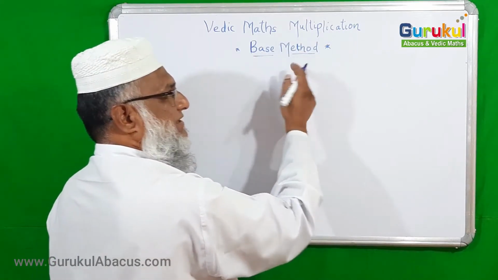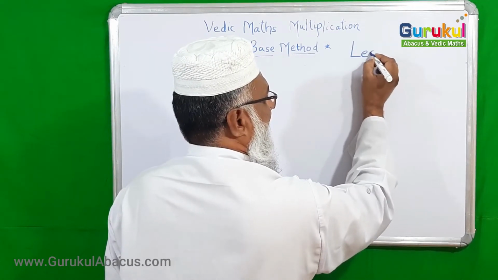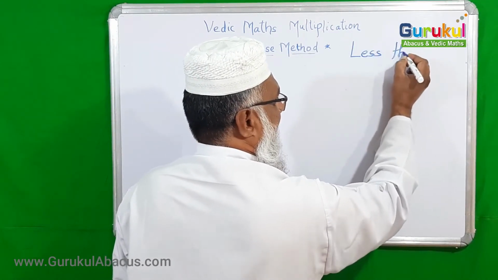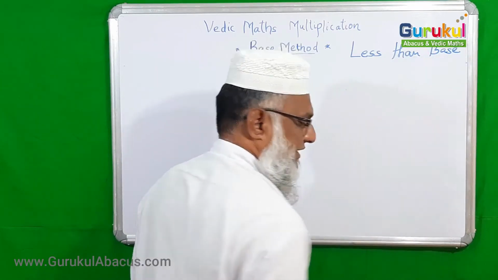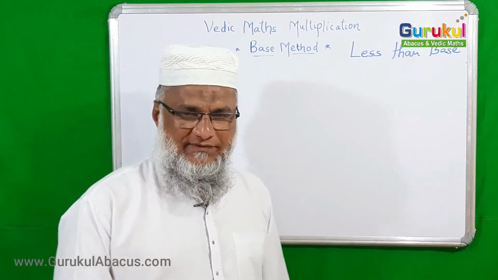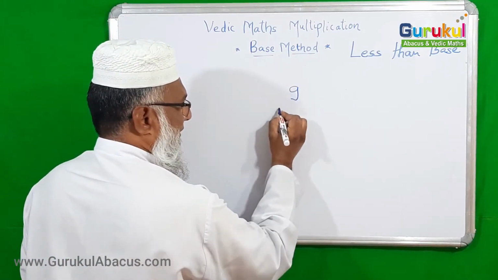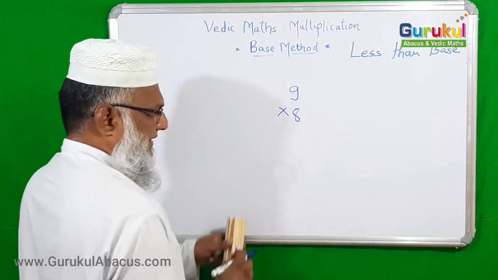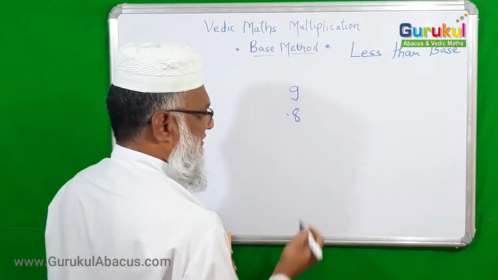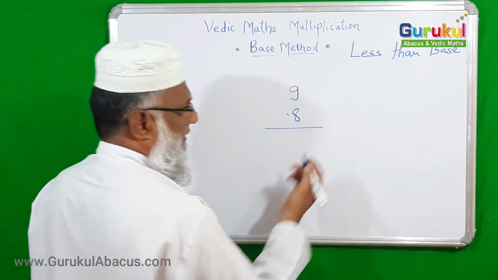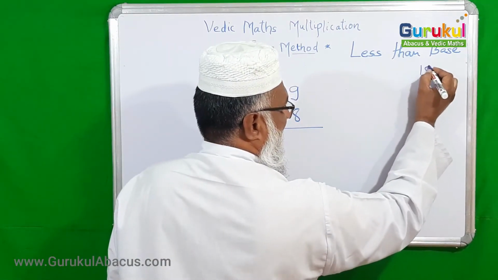Firstly we are studying multiplication by the base method, and the first type is where our numbers are less than the base. So for the first example, obviously we take a simple one. It is 9 multiplied by 8. Here I want to rub out this multiplication sign because you know this is multiplication in Vedic mathematics. To solve this example, the base is 10 because the numbers are near the base.